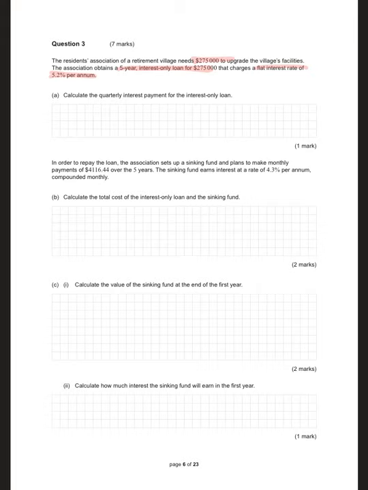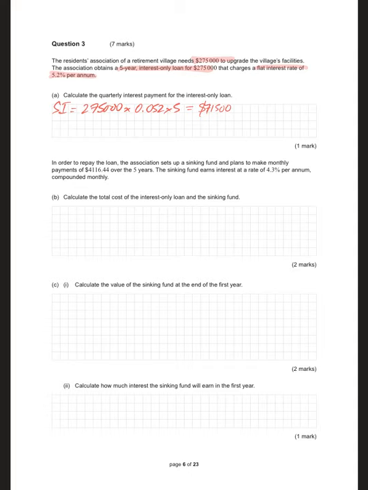So interest only, I is equal to PRT. 275,000 times the rate as a decimal, 0.052, times the number of years, 5, is 71,500.